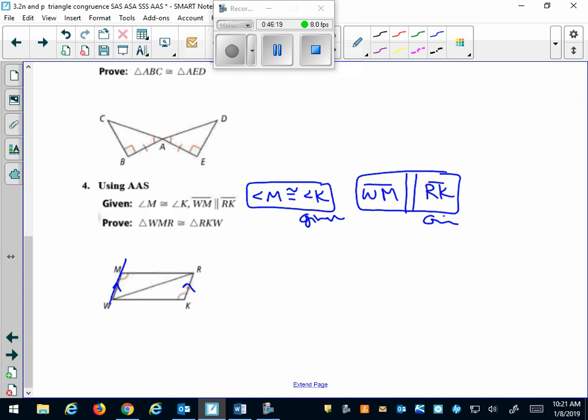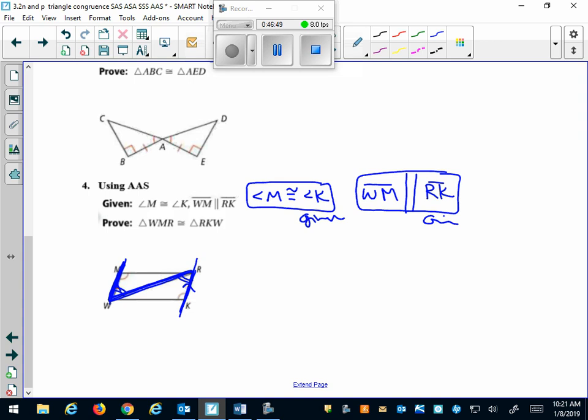If these two things are parallel, we should be looking for alternate interior angles or corresponding angles or something like that, right? So remember the Z. Because these two are parallel, those have to be the top and bottom of our Z. We could say that this angle is congruent to this angle.